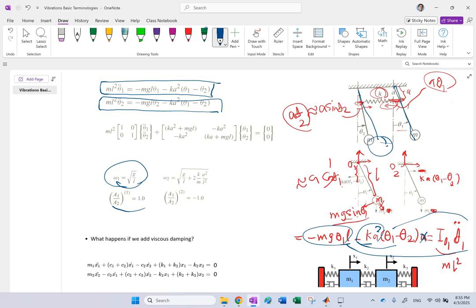In scenario 2, the angles are in the negative direction of each other. So while this pendulum is moving to the right, this pendulum moves to the left. So you get this kind of scenario. This one is going to go this way, this one is going to go the other way. Because it's 1 and negative 1, if you look at the spring, this point here in the middle of the spring is going to be a node.